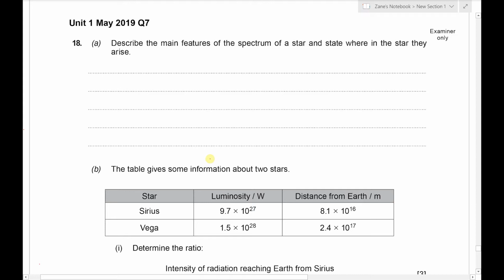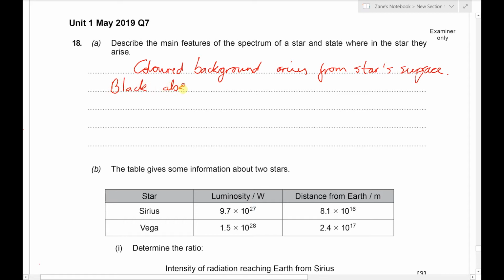So the spectrum for a star is an absorption spectrum which has a coloured background, which arises from the surface of the star. Basically, the star is emitting all wavelengths of light, and on top of that coloured background we have black absorption lines.